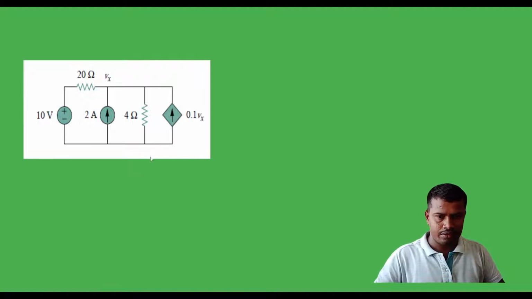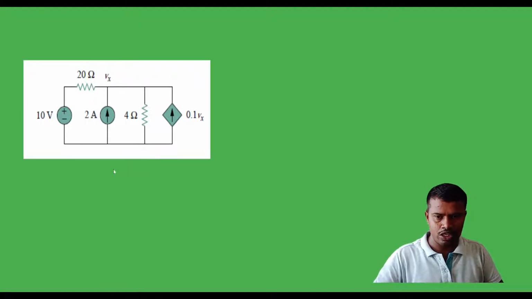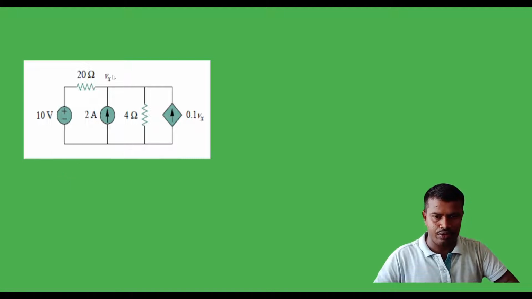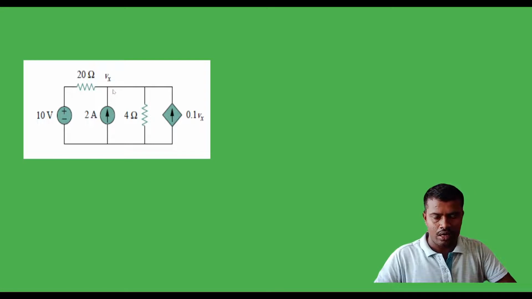In this circuit we need to follow certain steps for solving with the superposition theorem. In the first step we consider only one source and find the value of Vx due to that independent source.